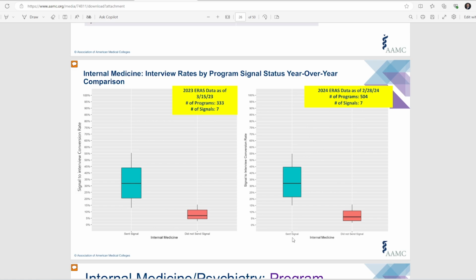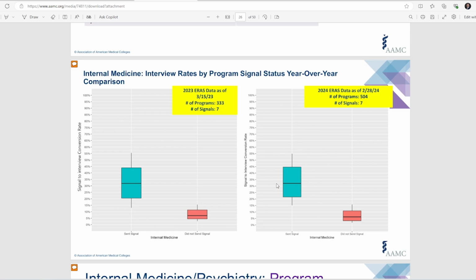You can see if you send a signal, this is the box plot, you get a median of approximately 32.5 percent conversion rate. This is for all applicants, by the way. But if you did not send the signal, the rate drops down significantly to lower than 10%. So you're more than tripling your conversion rate of getting an interview if you signal a program.